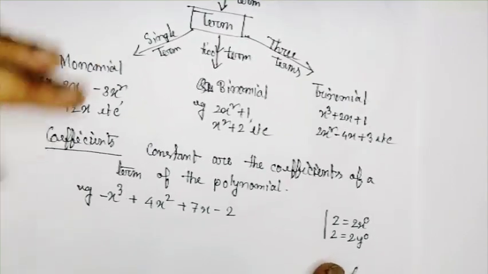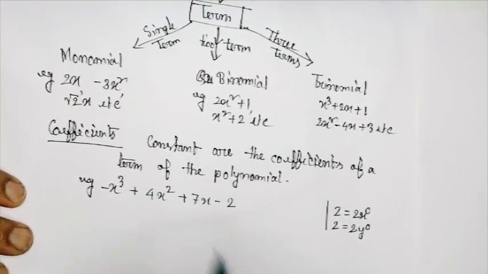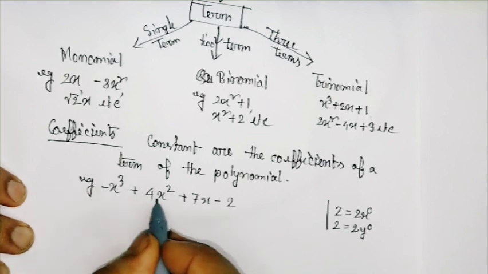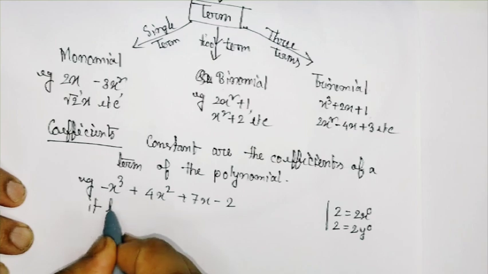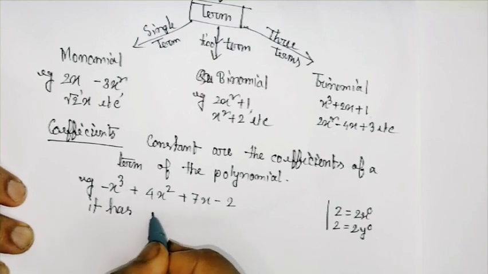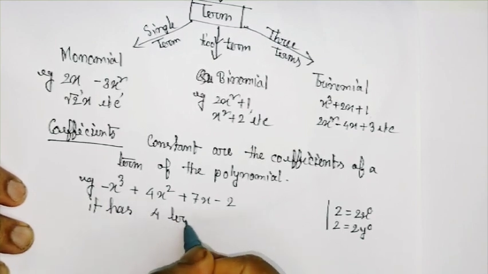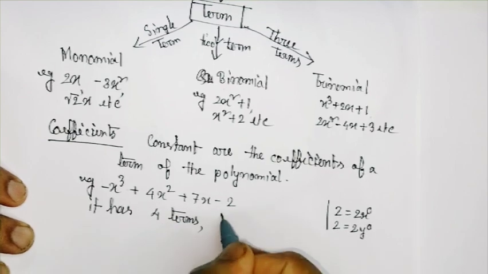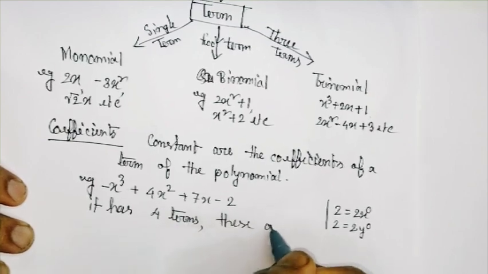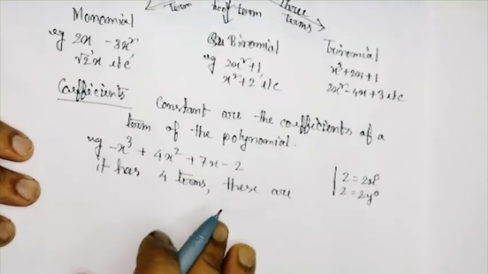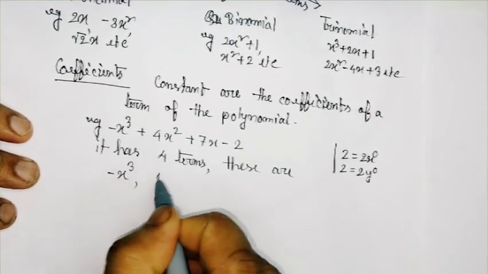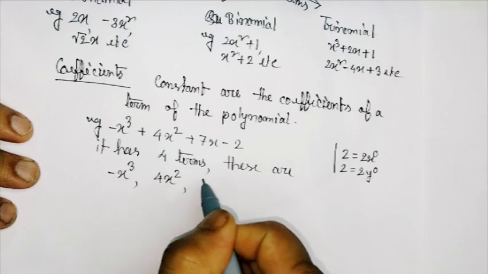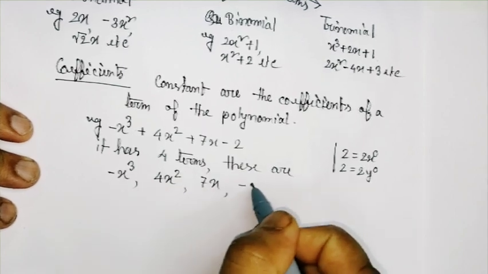Any number to the power 0 is always 1. So here minus x cube plus 4x square plus 7x minus 2 has 4 terms. These are minus x cube, 4x square, 7x and minus 2.